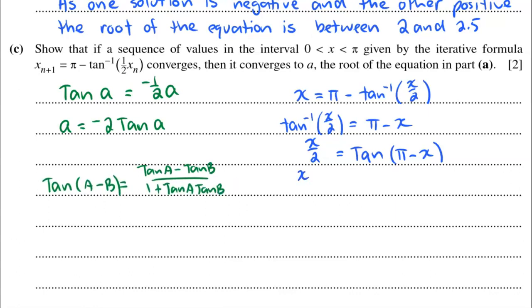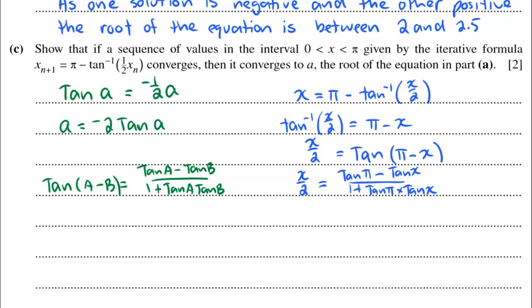This is going to be quite good for us because we should know the tan of pi is 0. So this becomes the tan of pi minus the tan of x divided by 1 plus tan of pi times the tan of x.